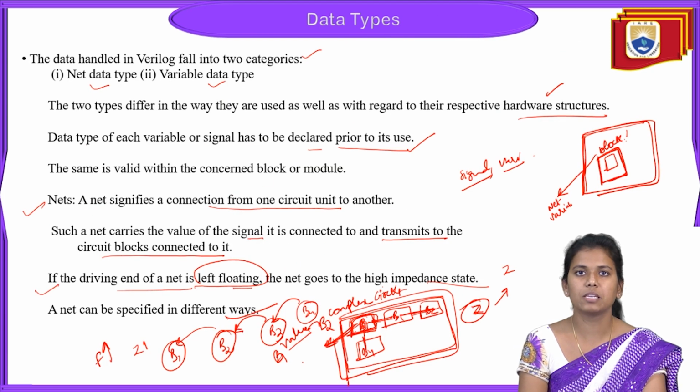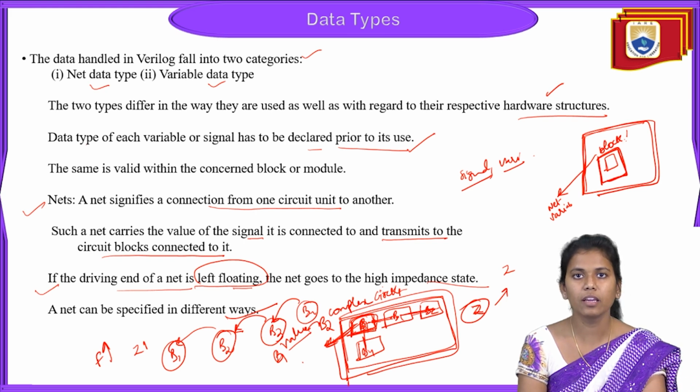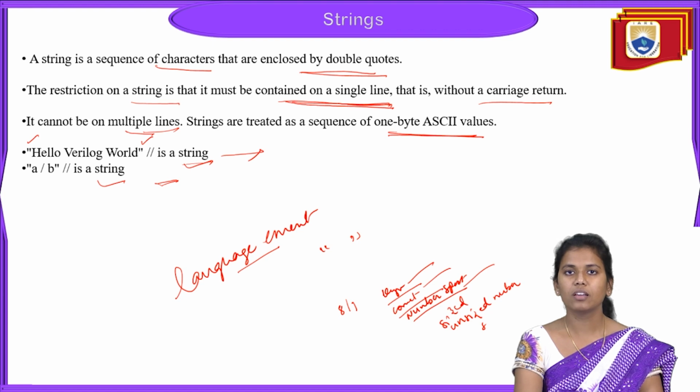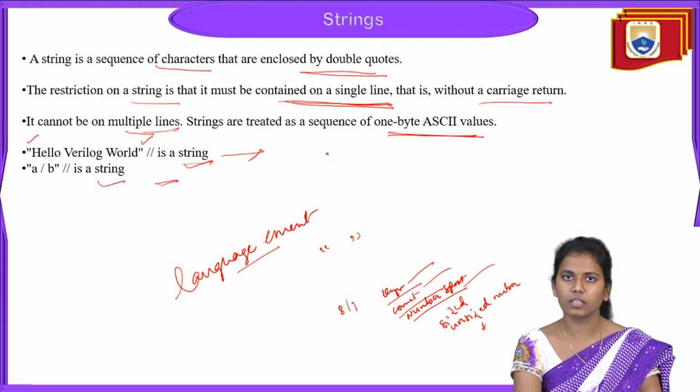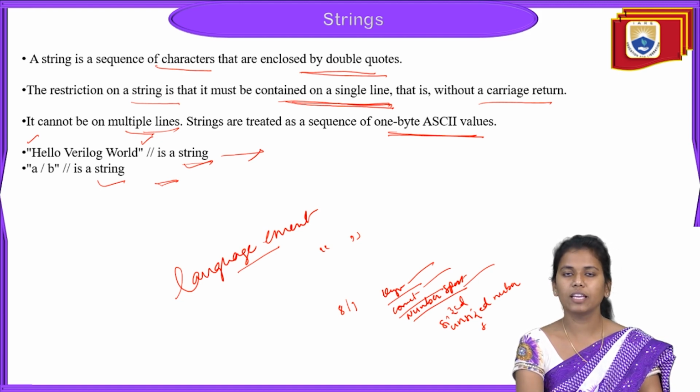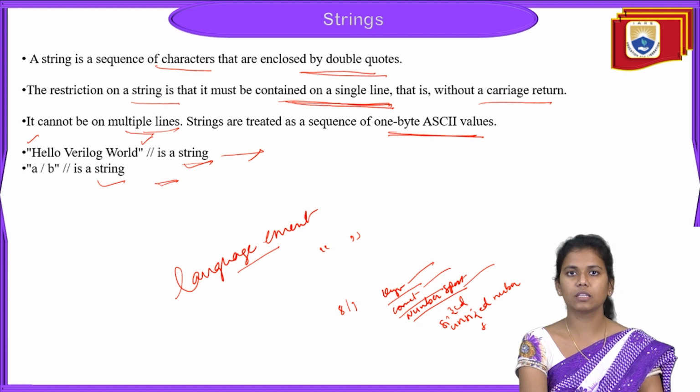Under the data types, we discussed the net data types and the variable data types, what a net basically consists of, and how it relates to vectors and scalars. And also we discussed strings, how we represent strings using a single line or in multiple lines. So this is all about the language elements in Verilog.